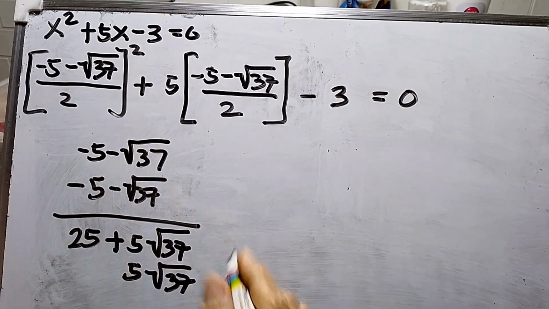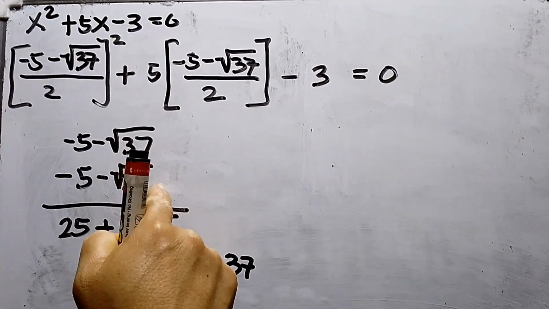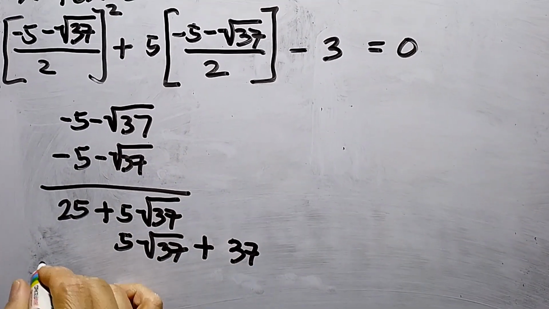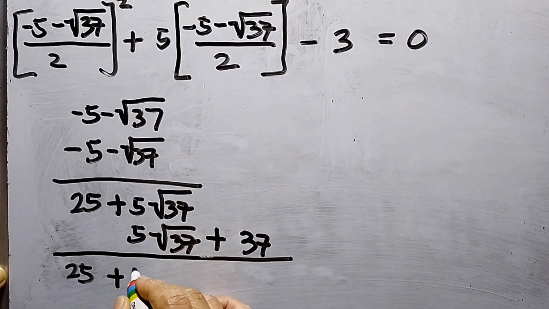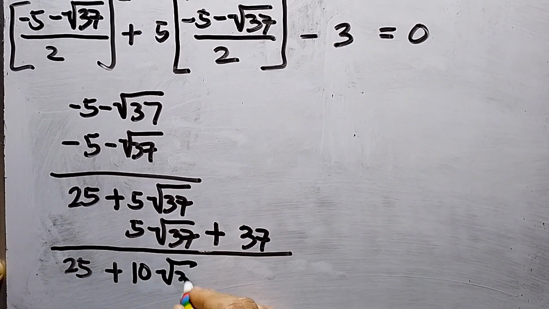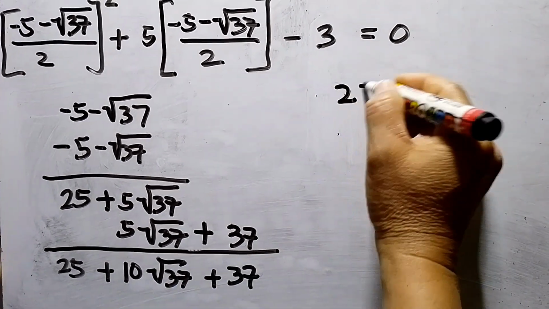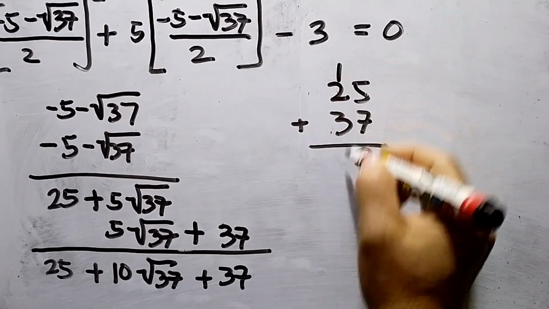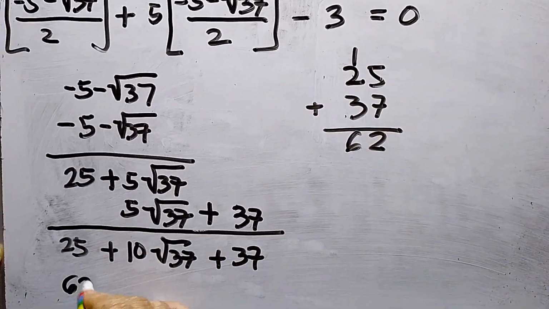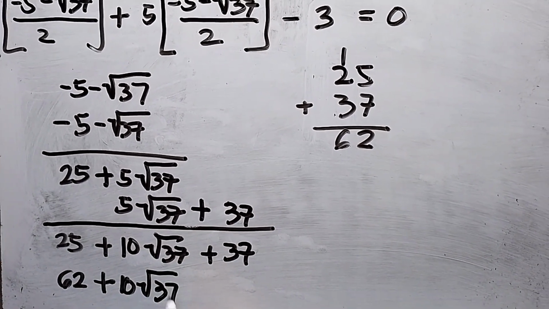Negative times negative will be positive 37, because square root of 37 times square root of 37 is 37. Sum up, bring down 25. This will be 5 plus 5 is 10. Copy the square root of 37 and then plus 37. Combine 25 and 37, this will be 62. So this is 62 plus 10 square root of 37.